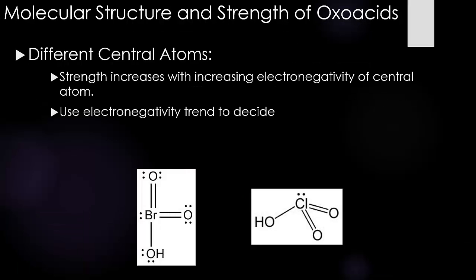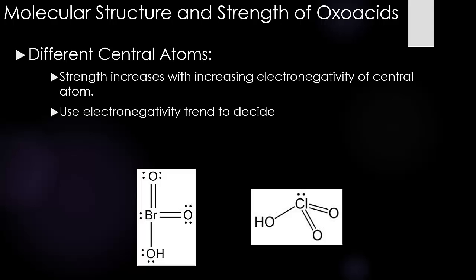The more electronegative the central atom is, the more electron density it pulls from the oxygen atoms. When the acid loses its hydrogen, a negative charge is left behind on the oxygen. Let's look at the bromic and chloric acid as examples. Thanks to resonance, both anions are given some stability already.